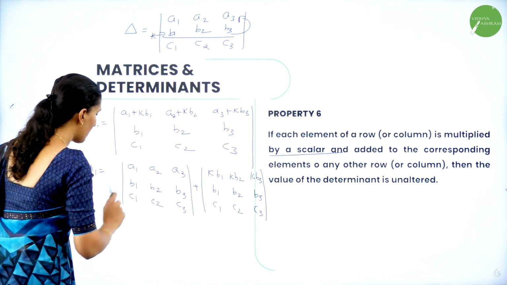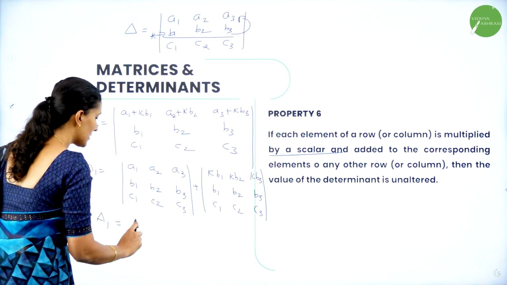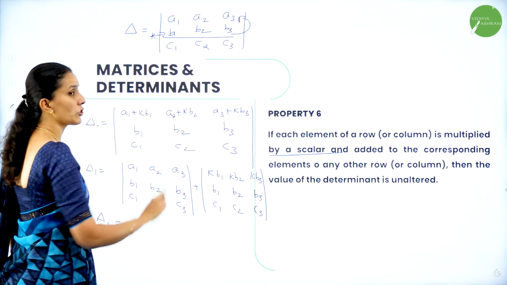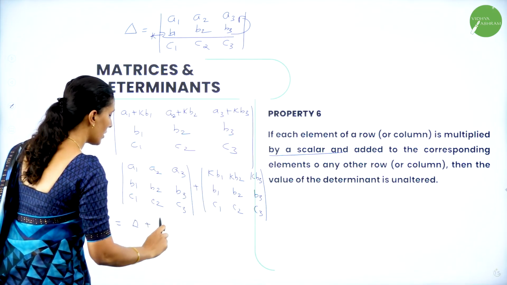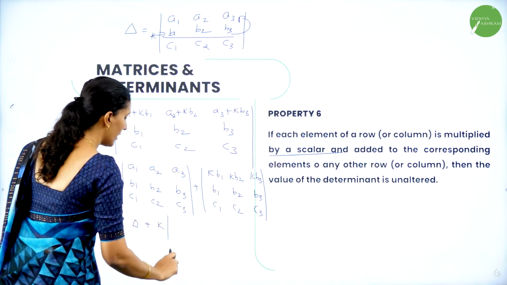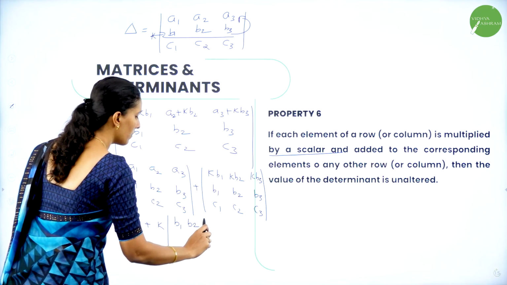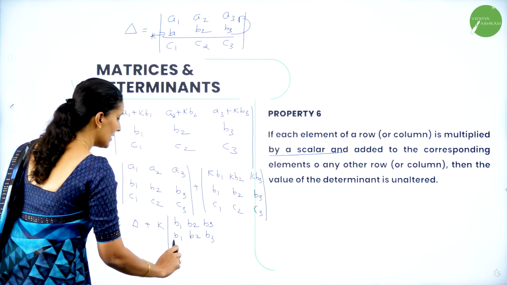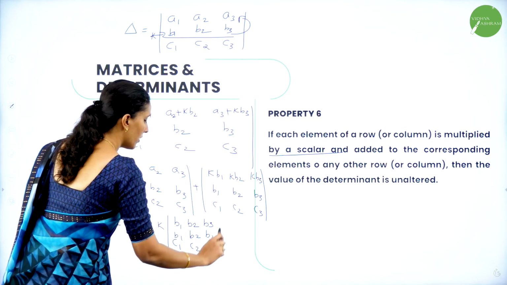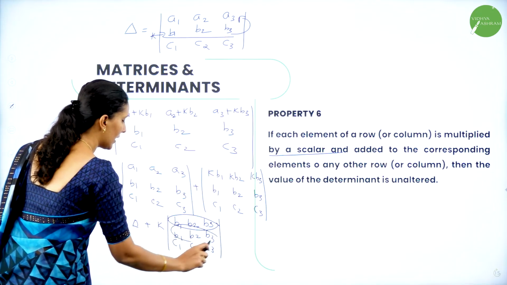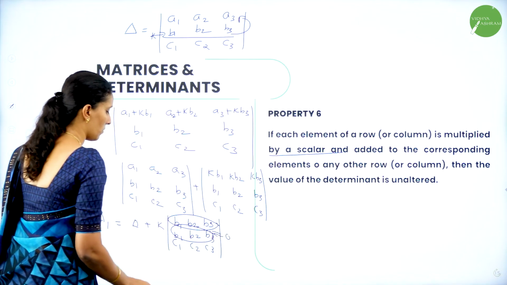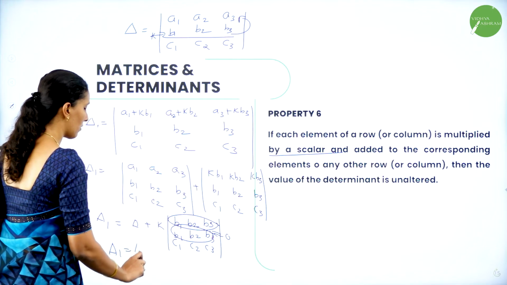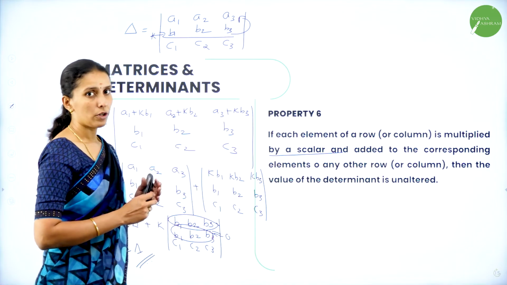The first one can be written as delta itself because it is a1, b1, c1, a2, b2, c2, a3, b3, c3, which is delta. For the second one, if you take k as a common factor, it will be in the form of b1, b2, b3, b1, b2, b3, c1, c2, c3. We know that if two rows are identical, the value will become 0. So k into 0 becomes 0. So we get delta 1 equal to delta. That's what the property is saying.